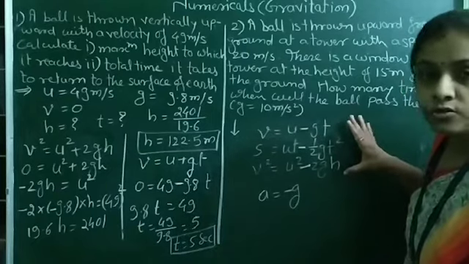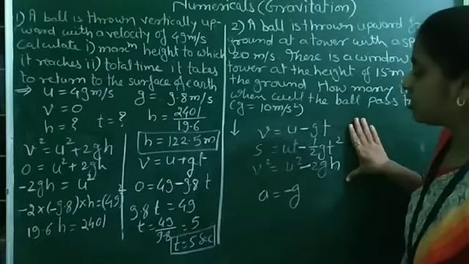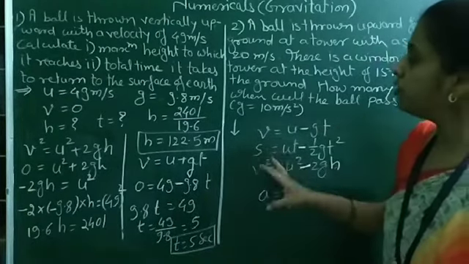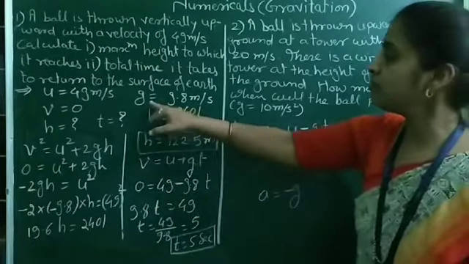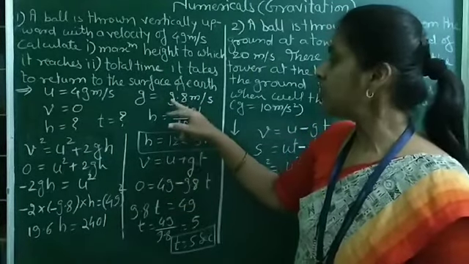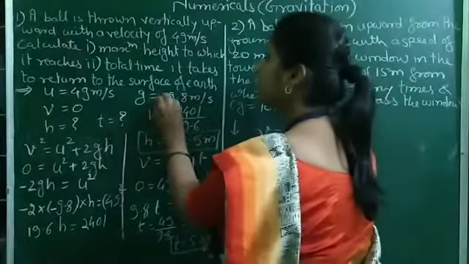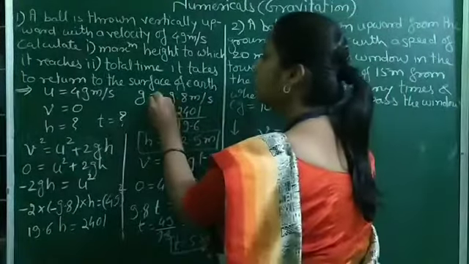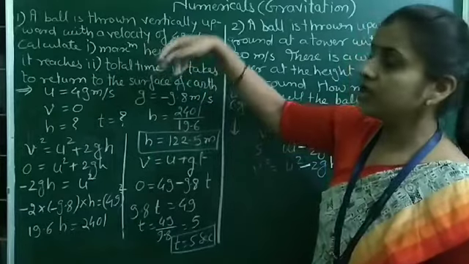So if you are using such an equation, don't put the value of g as negative. Otherwise, if you are using the same regular equation of motion for an object falling downward, then you have to keep the value of g negative if the object is thrown in an upward direction.